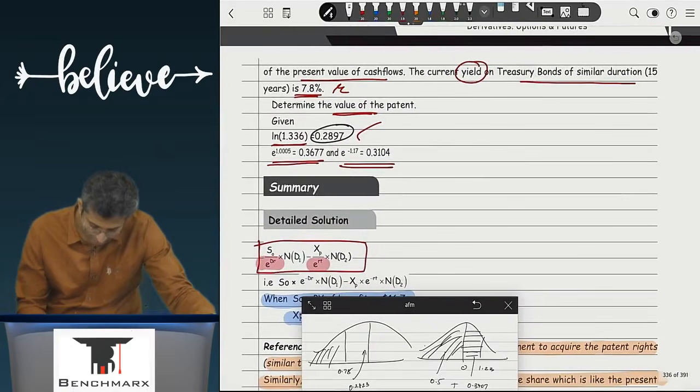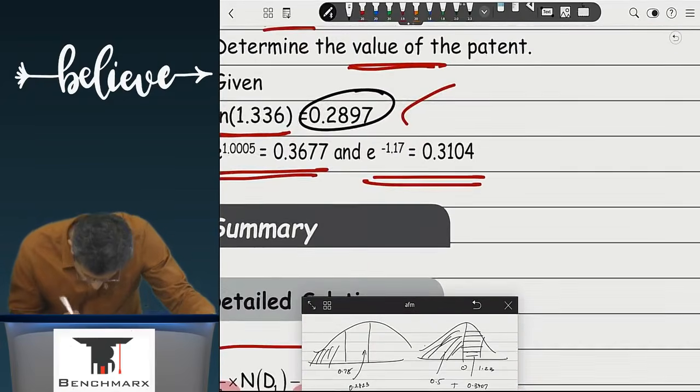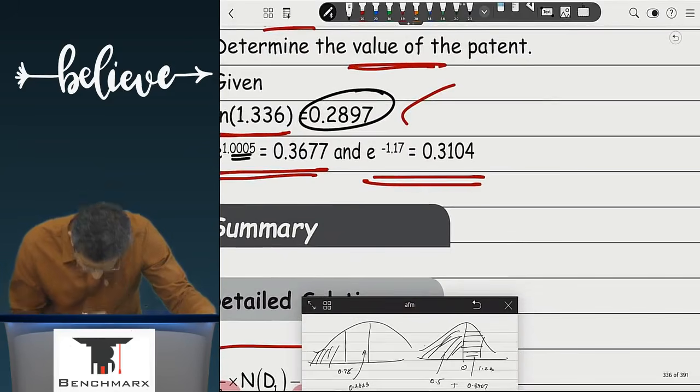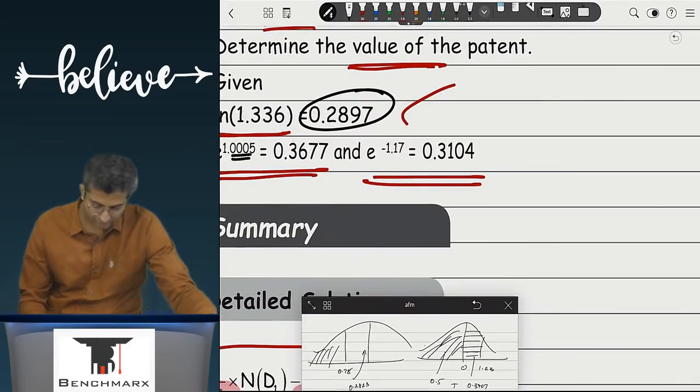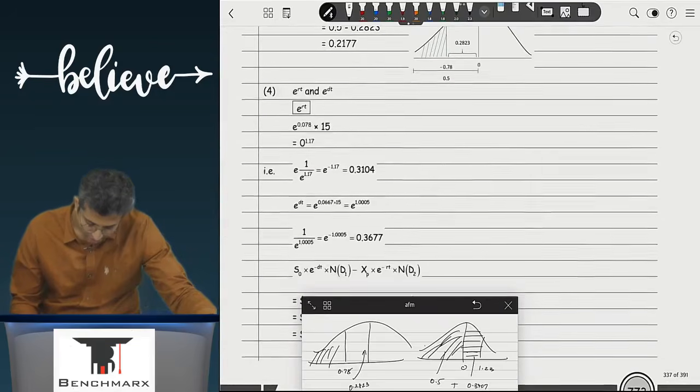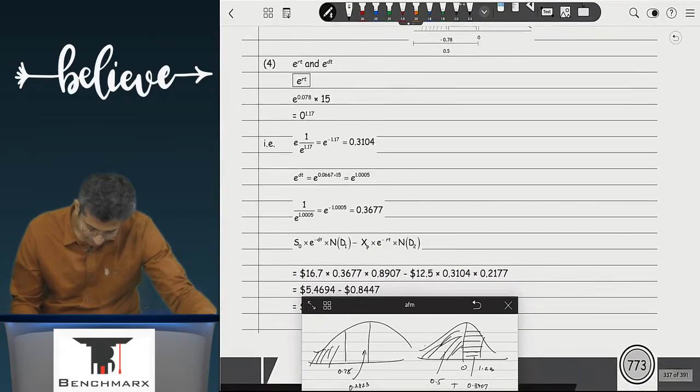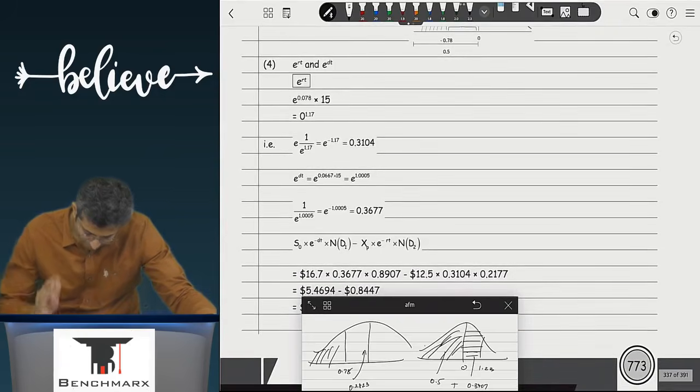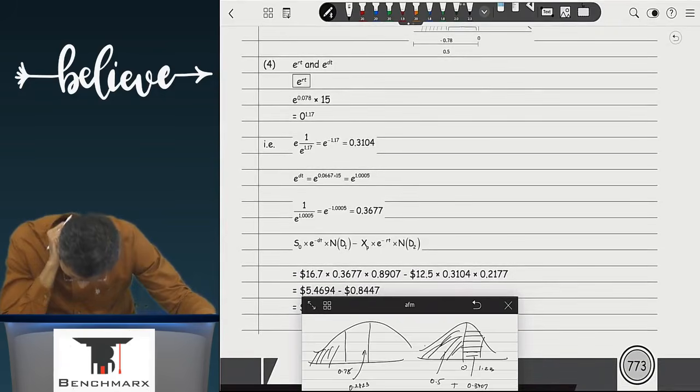अच्छा, first you have been given e raised to... कितना है? 0.0005, अपने को कितना आ रहा है? एक सेकंड ना. I think there's a printing mistake there.